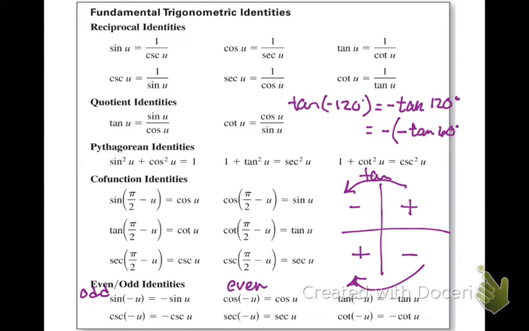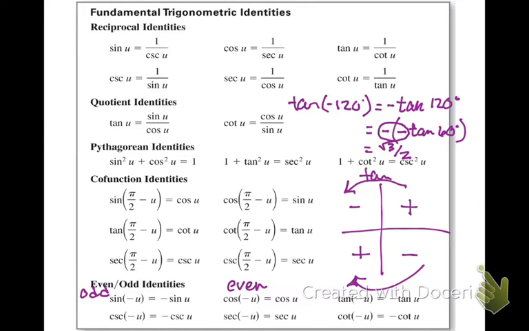So I have negative, the negative tangent of 60. Well, the two negatives out front are going to be what? Positive. And then tangent of 60, what's opposite of 60? No, what ratio is opposite of 60? Square root of 3. So that's how you would use that.